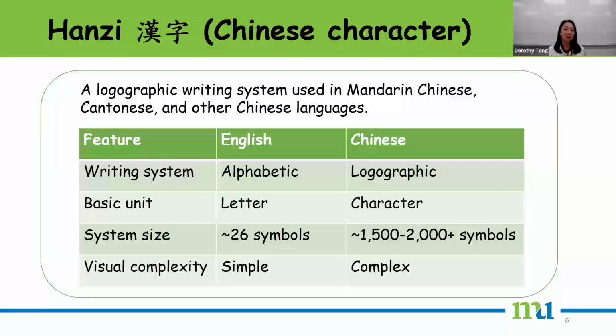Compared to the English writing system, which is alphabetic with 26 letters, as everyone knows, Chinese learning is a bit difficult because the system size is quite large. There are over 1,000 symbols involved, and they can be very complex compared to the linear letters of the alphabetical system.